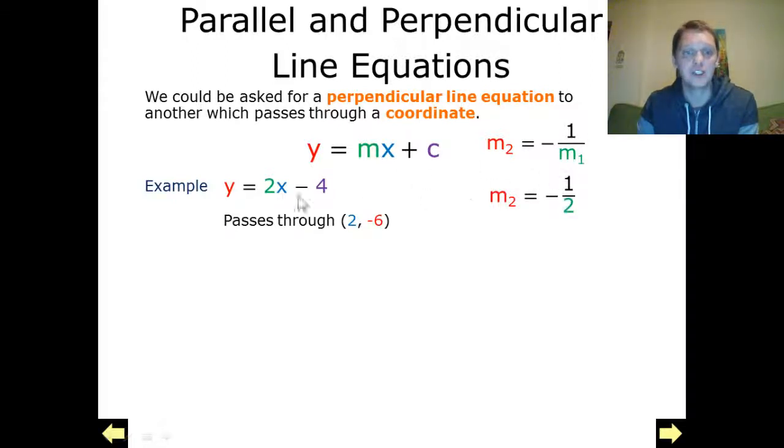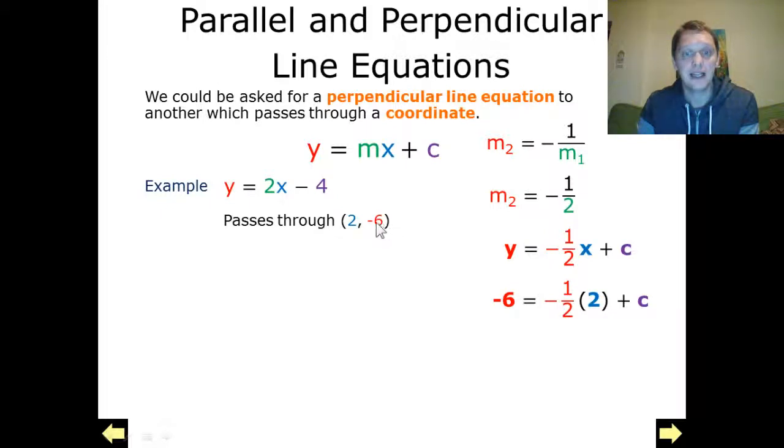Substituting my 2 in, my new gradient is going to be negative 1 over 2, or negative half. So I've got y equals negative a half x plus c, because obviously I've been given this coordinate and I've got no idea where it's going to intercept the y-axis.